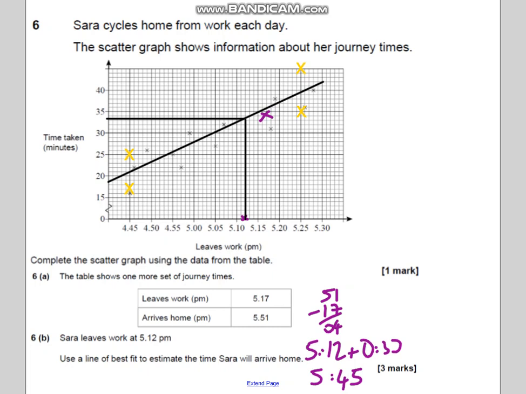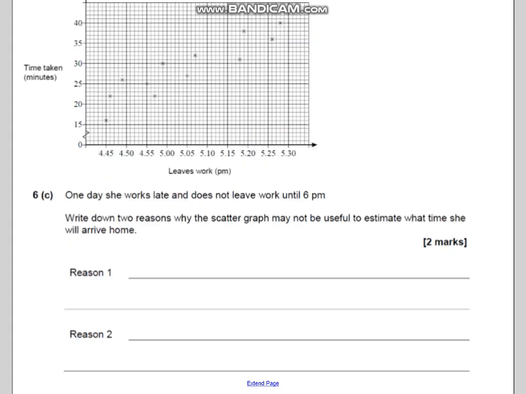Okay, last bit was question 6C. One day she works late and doesn't leave until 6. Give 2 reasons why we can't use the scatter graph for this.